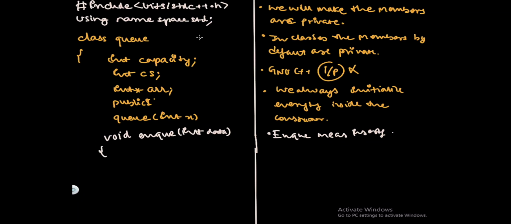So always try to think of the edge case first. Now the edge case would be that my queue is already full, so I cannot insert anything. So I would check that if my current size is equal to my capacity, then return.